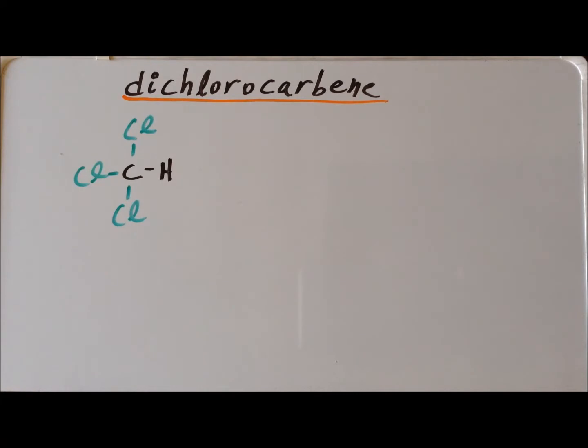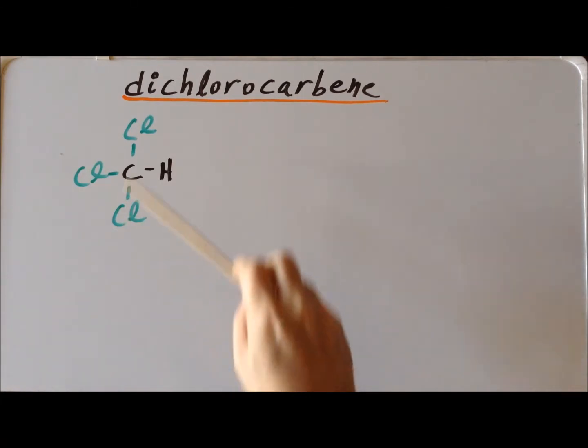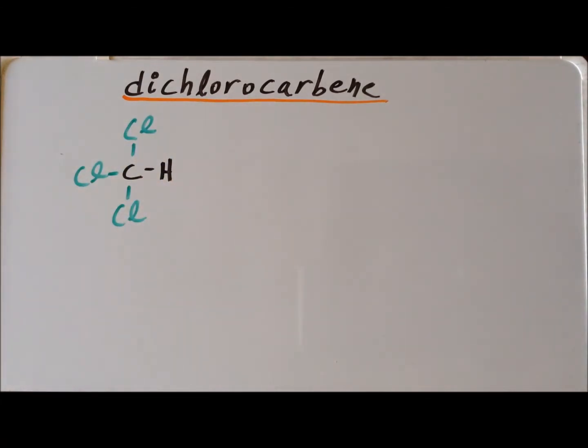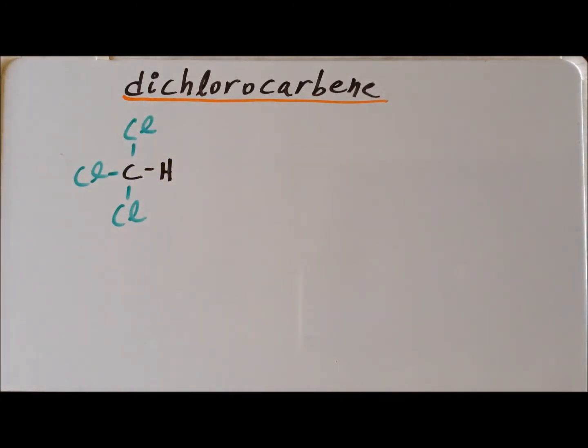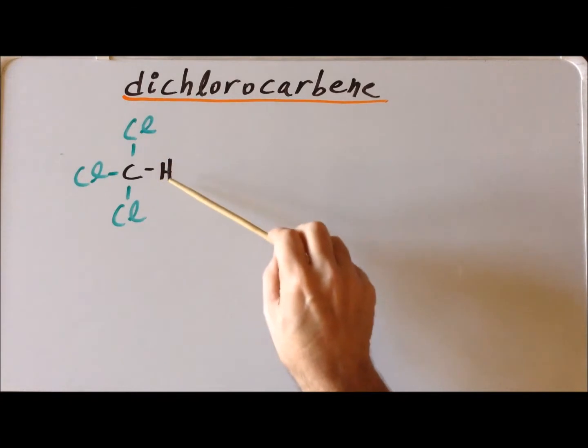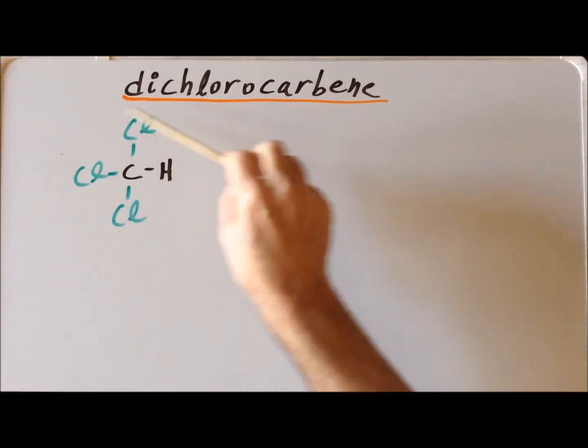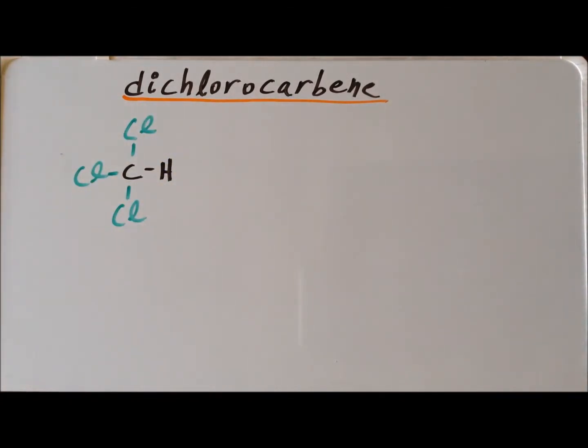Let us first begin with the compound trichloromethane, which has the more common trivial name of chloroform. We can see that it is a haloalkane, and we know that haloalkanes have very low acidity. If it were to act as an acid, it would lose H plus and be left with a conjugate base that was an anion.